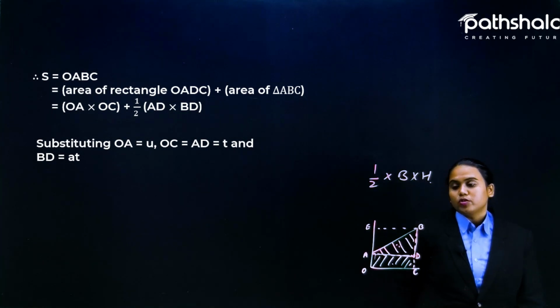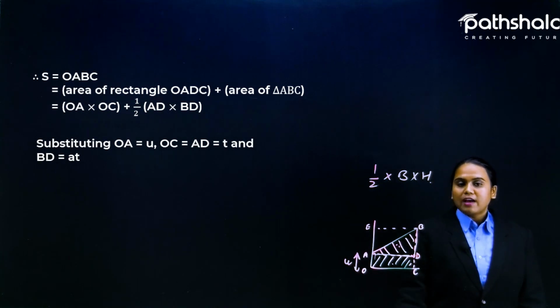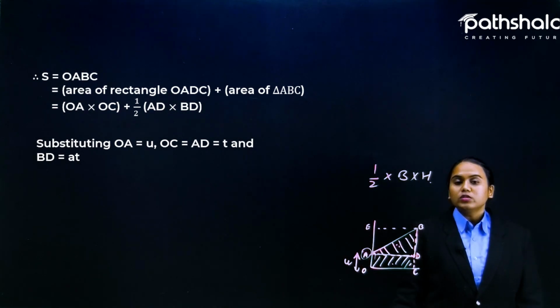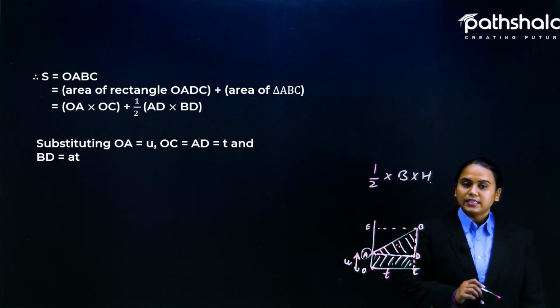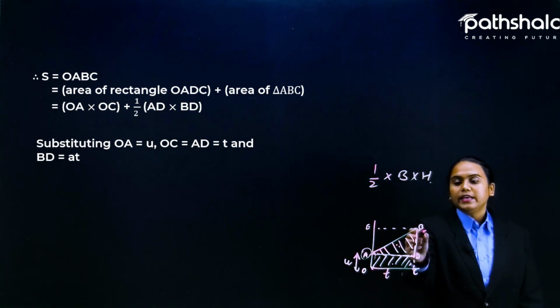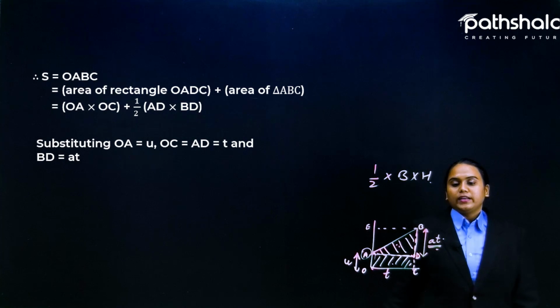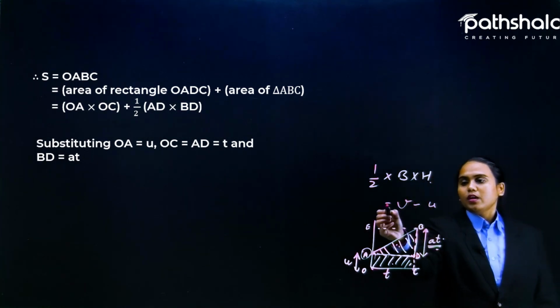Yes, we can substitute because OA is considered as u only, since we have already introduced that A is the initial position and the initial velocity is u, and OC is equal to AD, that is the time part, so it is considered as t again. And BD is your at part; earlier we already proved that BD was v minus u, and it comes as at.